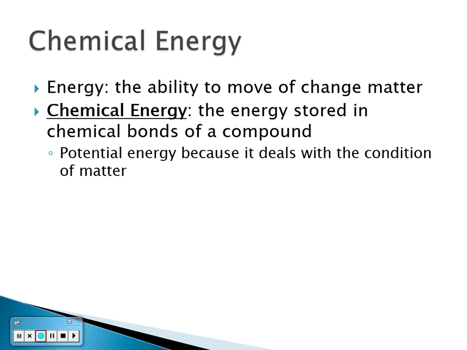And it's specifically potential energy, because we said our general definition of potential energy is energy of condition or position, where or how something's put together. So chemical energy is associated with the position of those atoms bonded to each other. Okay? Good there? All right.